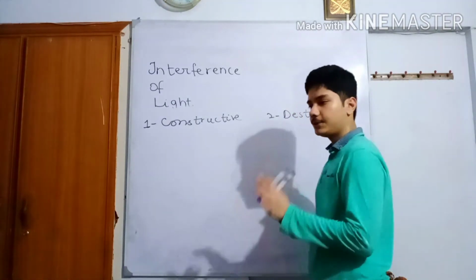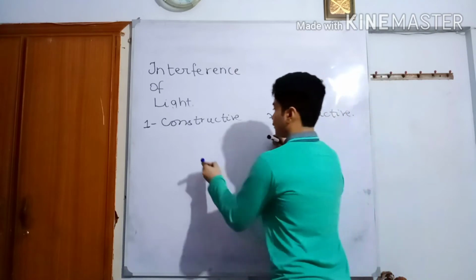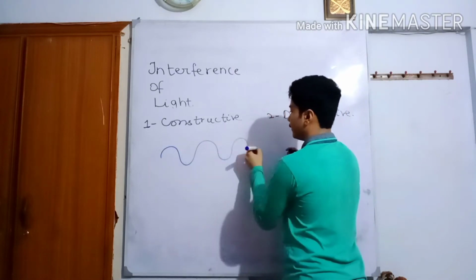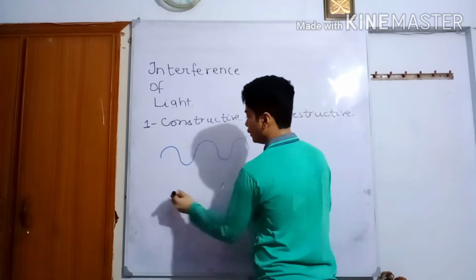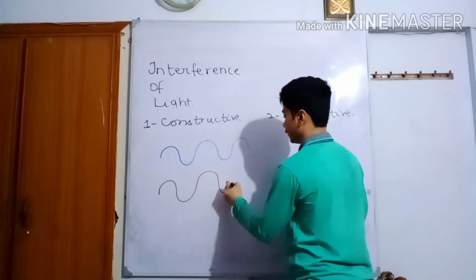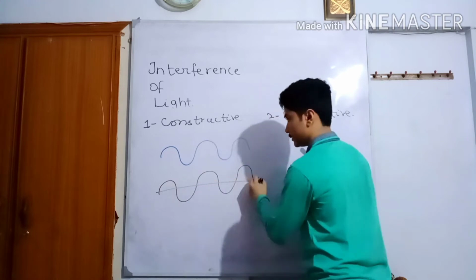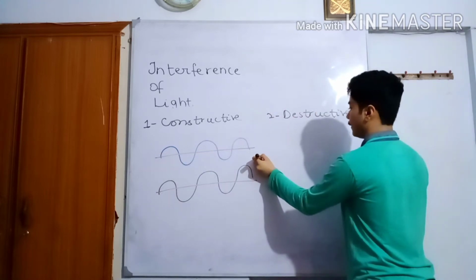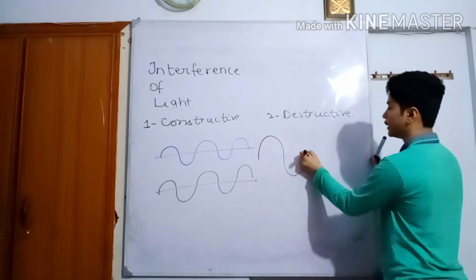As I told you, for example, there are 2 light waves, both having the same frequency, same amplitude, same wavelength traveling in the same direction. Now they have phase coherence. Now they are going to interfere, and let's suppose a new light wave is formed which has a greater intensity.